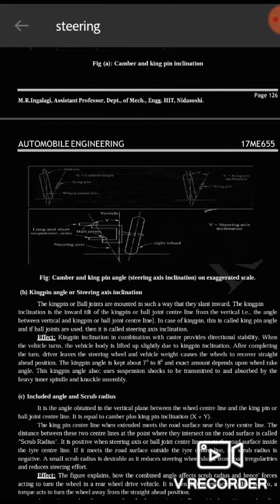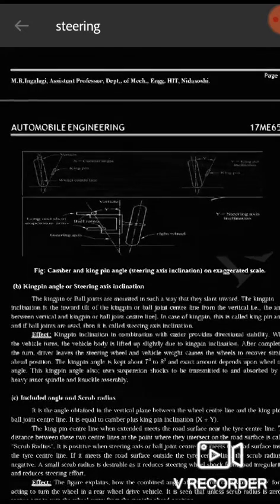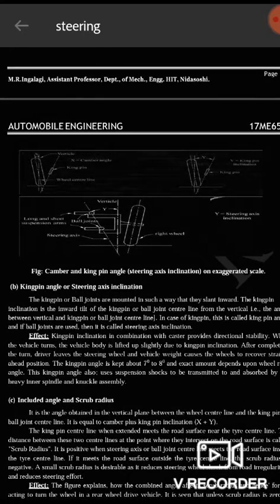the kingpin angle and steering axis inclination. Okay, this is the diagram which is required to explain this particular part. Kingpin angle or steering axis inclination. The kingpin or ball joints are mounted in such a way that they slant inward.